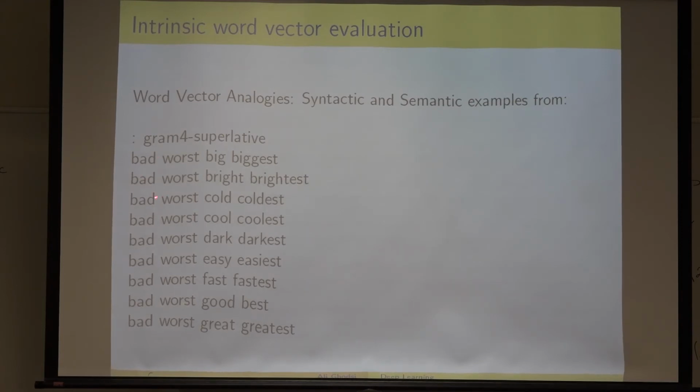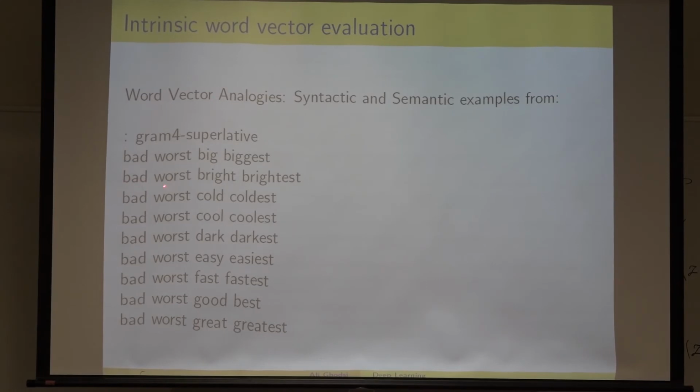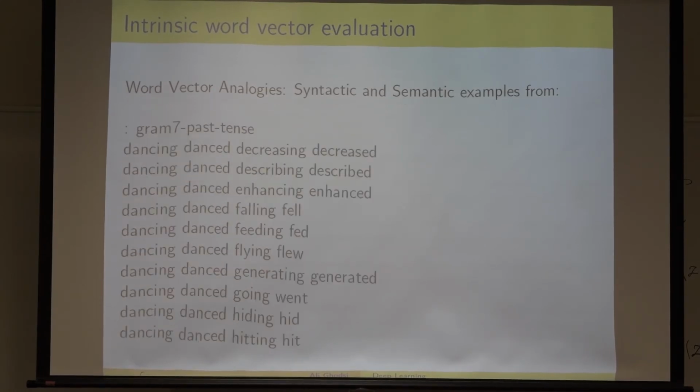If you add the distance between bad and worse to bright, you get to brightest. And like past tense, the distance between dancing and danced is the same as decreasing and decreased, and so on. So you can imagine how useful it's going to be in natural language processing. Having this word representation is in fact quite useful.